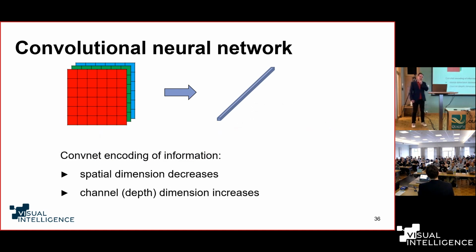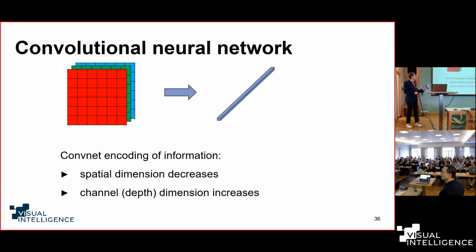One thing that we should notice within networks is that we start with an image, and typically an image has a few channels. RGB is what we often work with, it could be more, at least in this context of visual intelligence where we have other modalities, but normally very few channels and a lot of spatial dimensions. So you have, for example, 250 by 250 pixels, 3 channels. What this network is doing is changing the way we are encoding information from spatial.